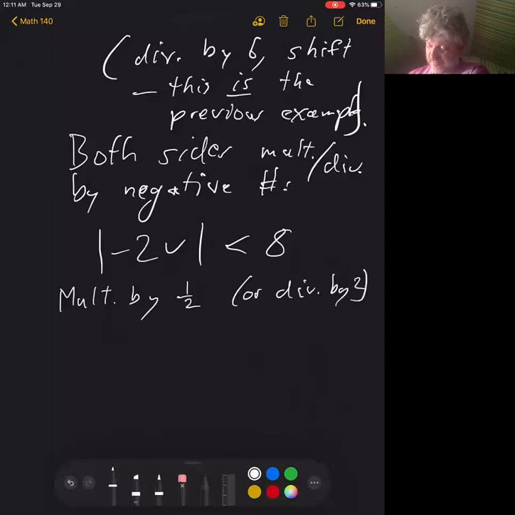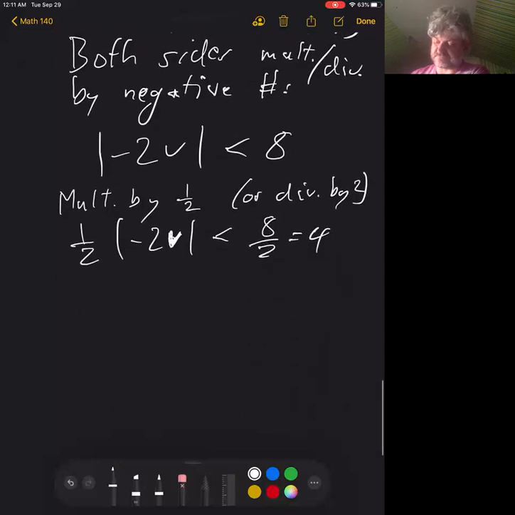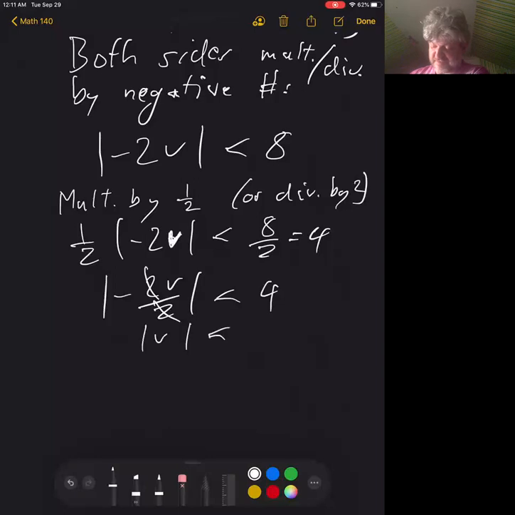Divide by 2. So you get 1/2 absolute value of negative 2v less than 8/2, which is 4. And now you're going negative 2v/2 less than 4. The 2's cancel, and the absolute value of negative v is the same thing as the absolute value of v. So there, the minus sign really was just a smoke screen.